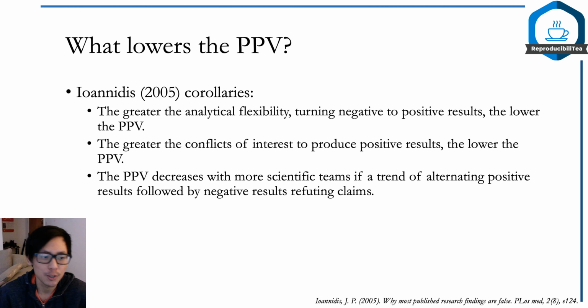And then the original lab will refute that claim by confirming that their result is significant and is positive and is true, and it goes back and forth and back and forth. And that overall interchange decreases the PPV of that field as well.